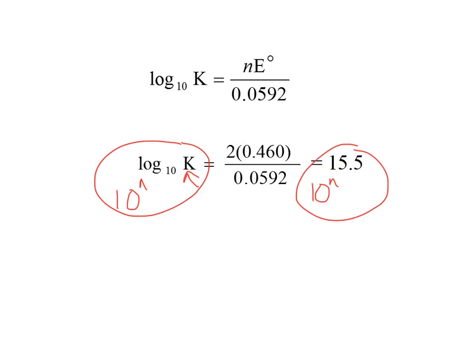And the beauty of this is if you take 10 raised to the log of something, it is that something. So K is equal to 10 raised to the 15.5.